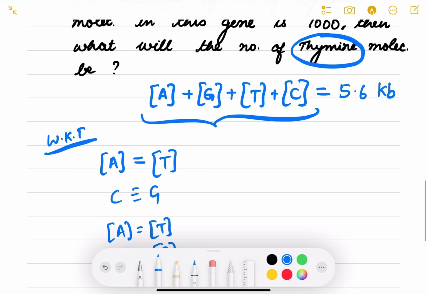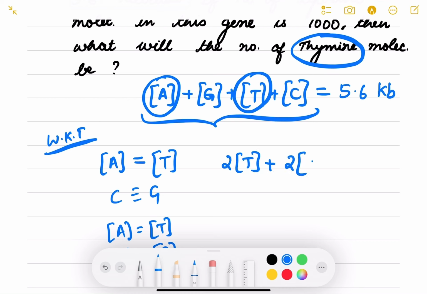With this idea, I can replace adenine with thymine, so twice thymine plus twice cytosine. I have not replaced thymine with adenine because in the question they've asked the number of thymine molecules, so this is our required variable, which is given to be 5.6 multiplied by 10 power 3 bases.